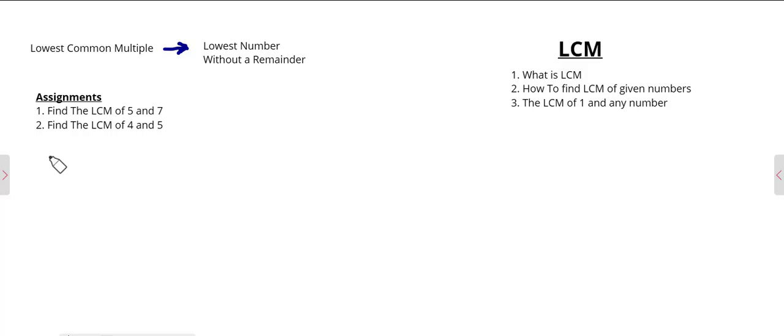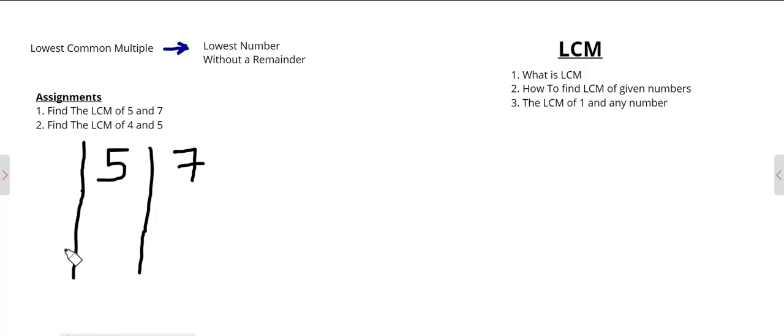So the first one, which is 5 and 7, we need to find the LCM of 5 and 7. We use the same method we've been using before, so that way we will know if we got it correctly or not.